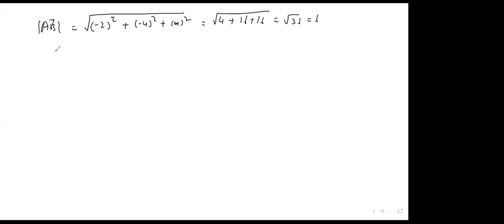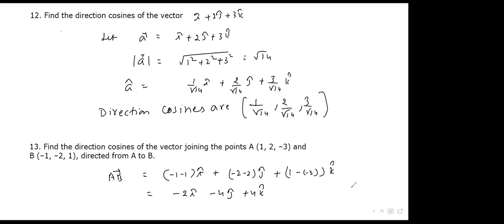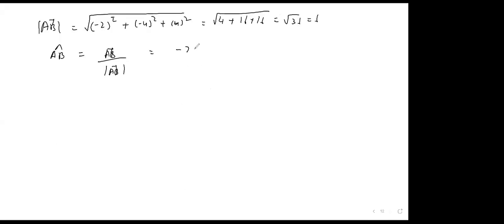So AB cap equals the AB vector divided by the magnitude of the AB vector. So this will be -2/6 i cap, -4/6 j cap, 4/6 k cap.